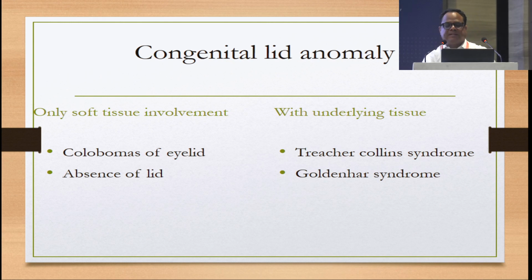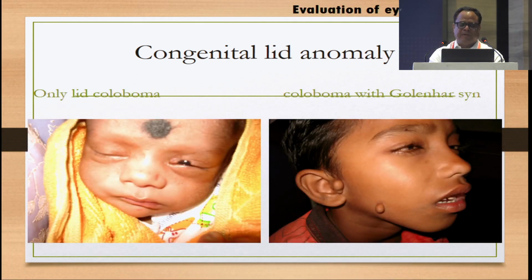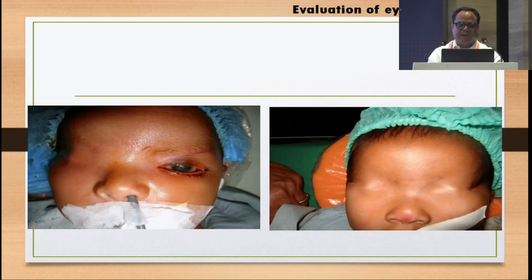In some cases of congenital anomalies, we need posterior lamellar reconstruction. Basically, in a case of coloboma, if it is a huge one, it is very, very challenging. Sometimes there may be total absence of the lid, like this. So this is relatively a little easier. But what will we do in such cases?